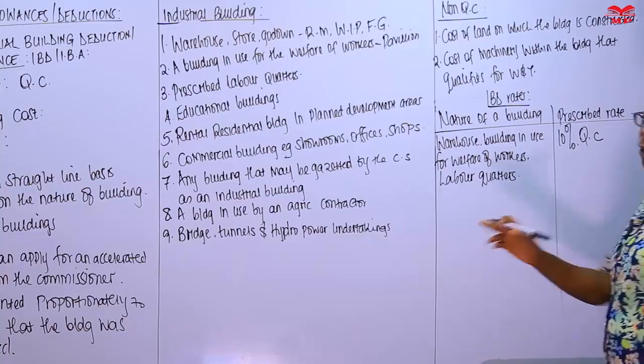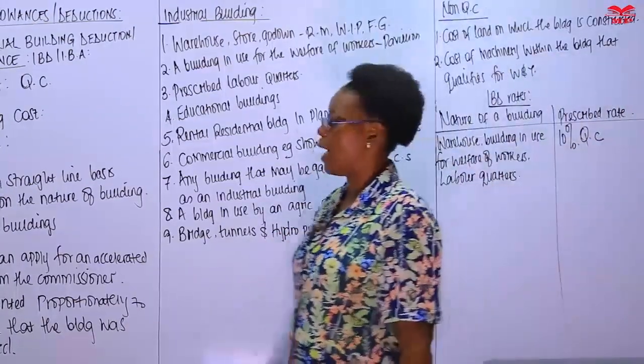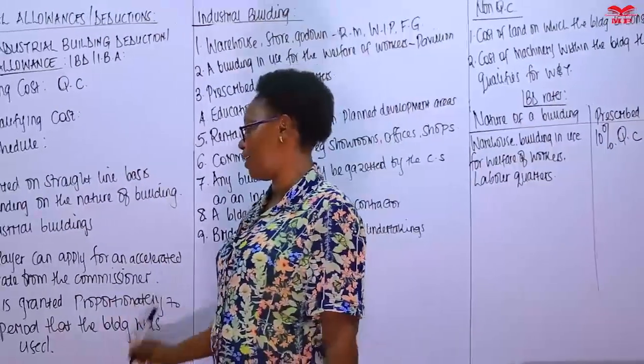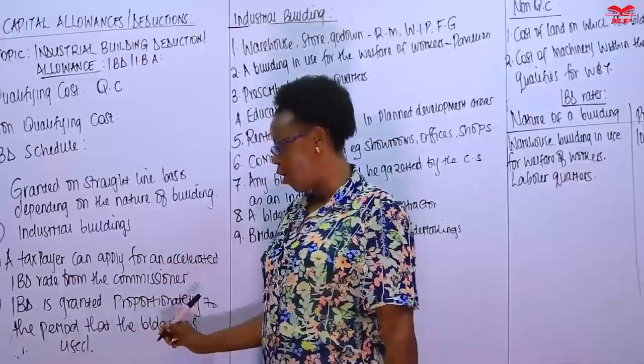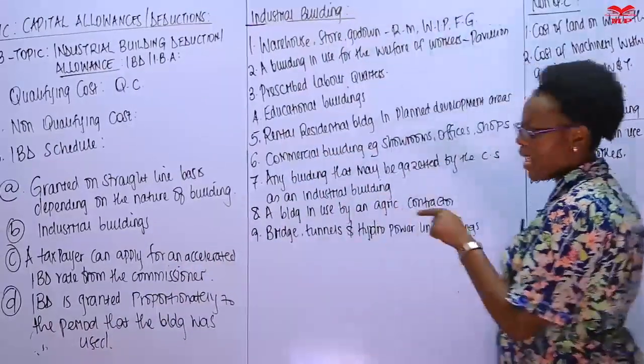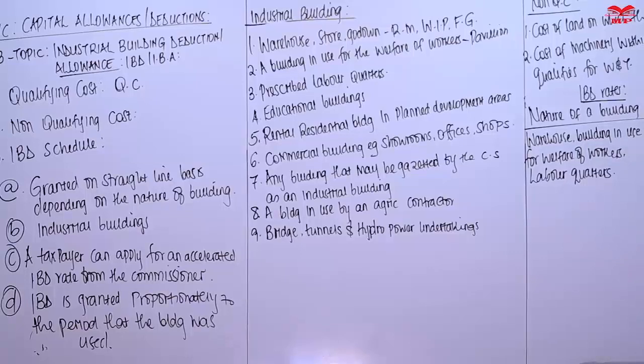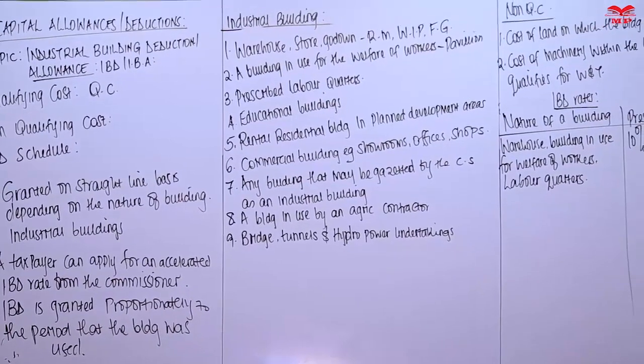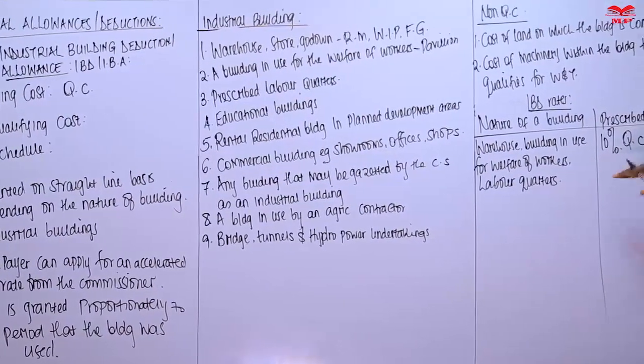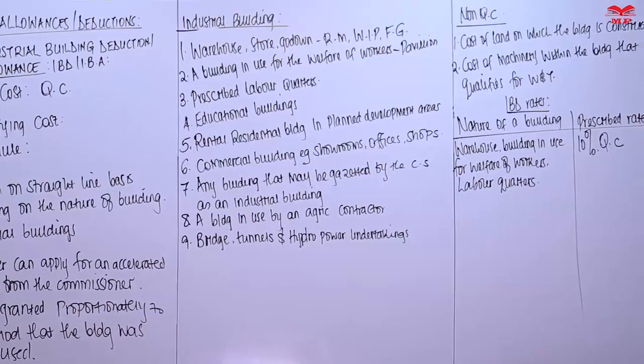Now, let's look at point C, that a taxpayer can apply for an accelerated IBD rate from the commissioner. We said that acceleration is because you feel that your building will not last for the estimated time by the commissioner. So in this case, we're going to claim 100% at the rate of 10% per year.